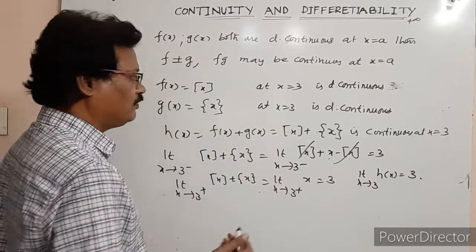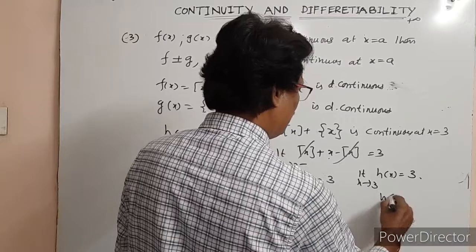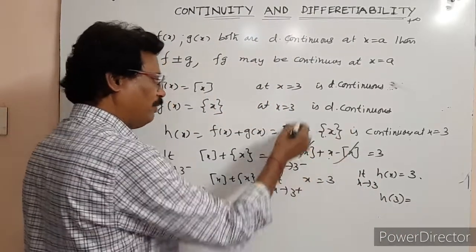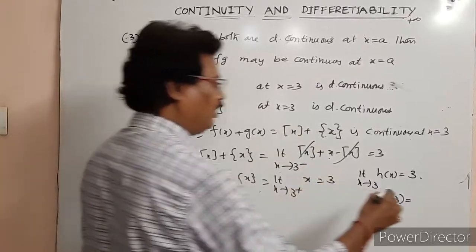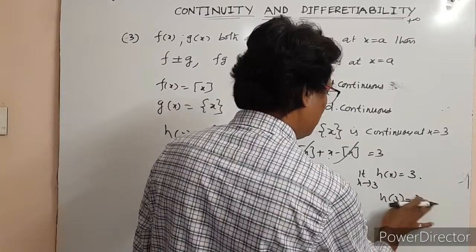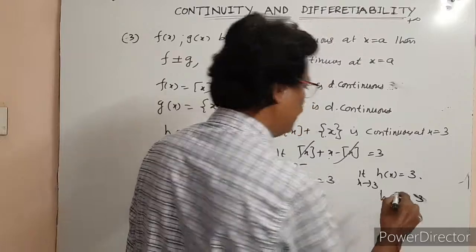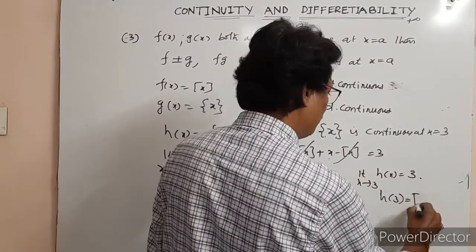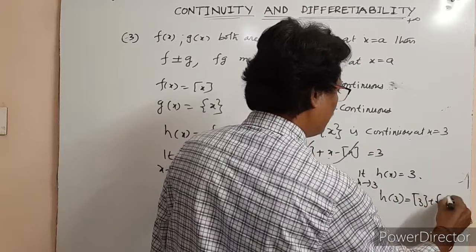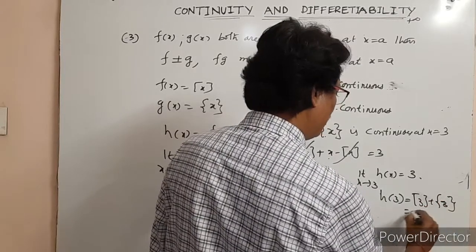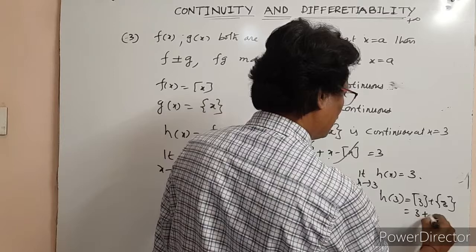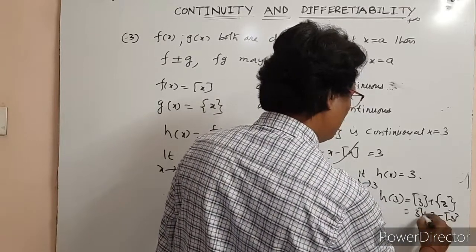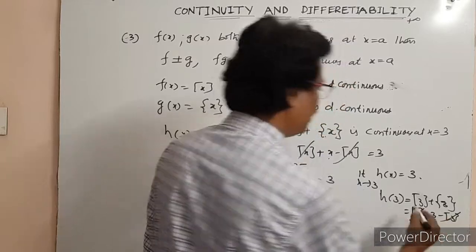And what is h of 3? That h of 3 is also 3. Why? Because the x minus step x is cancelled and we got x, and x is equal to 3. Is it correct or not? h of 3 means step of 3 plus fractional part of 3, which is 3 plus 3 minus step 3, so this cancels and we got 3.